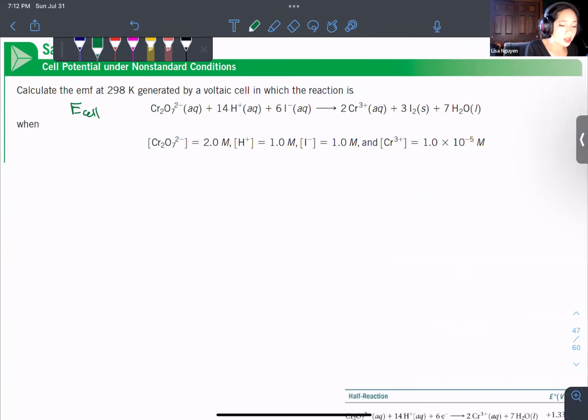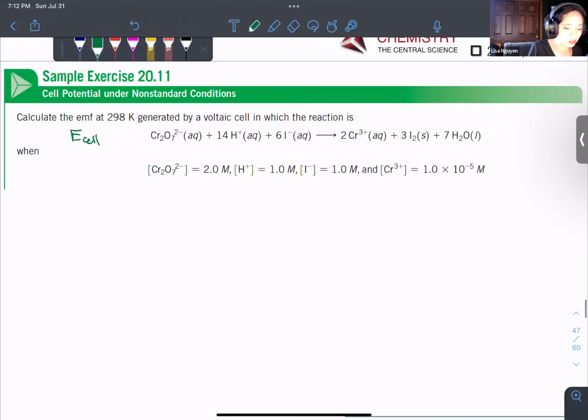In this case, I give you concentrations, which means we're not at standard conditions, so we need to use the Nernst equation to answer this question. The Nernst equation says that the measured cell potential is equal to the cell potential at standard conditions minus a term for the concentrations of what is actually there. We have to calculate Q because we're not at standard conditions.